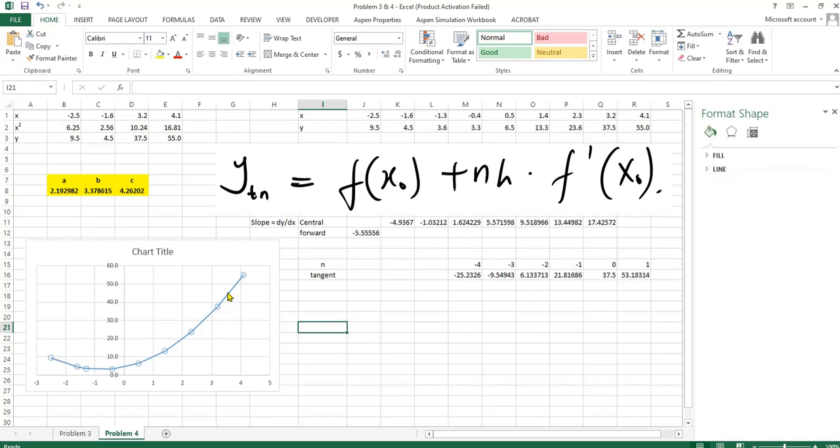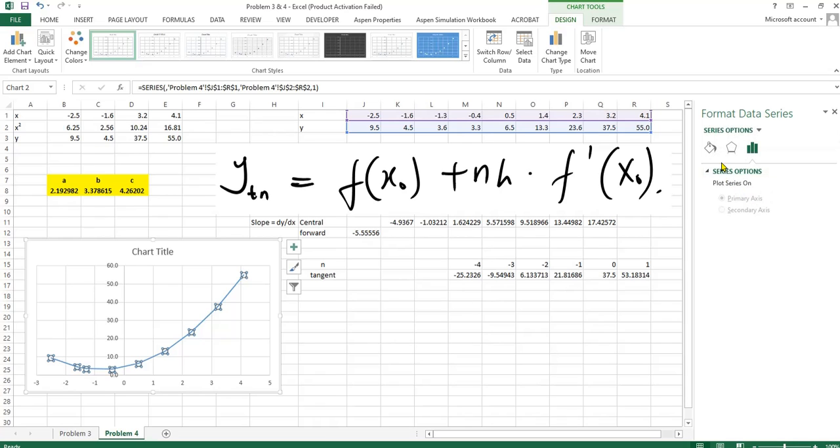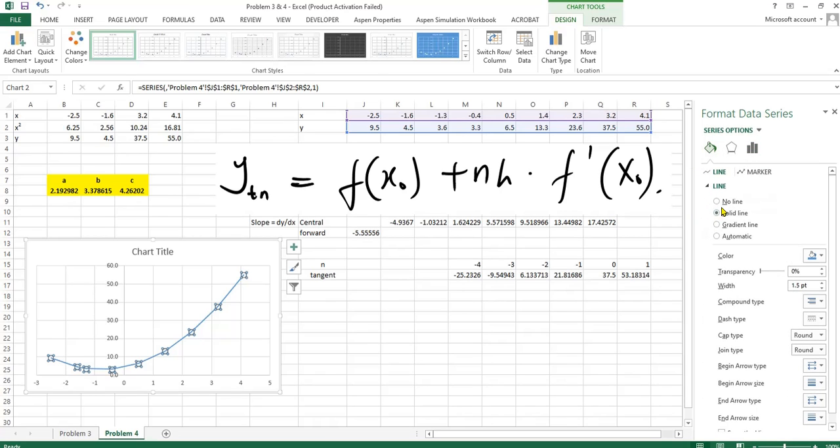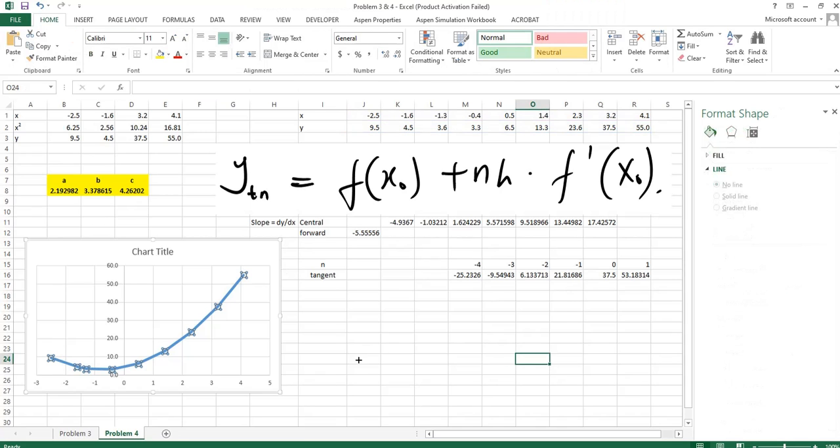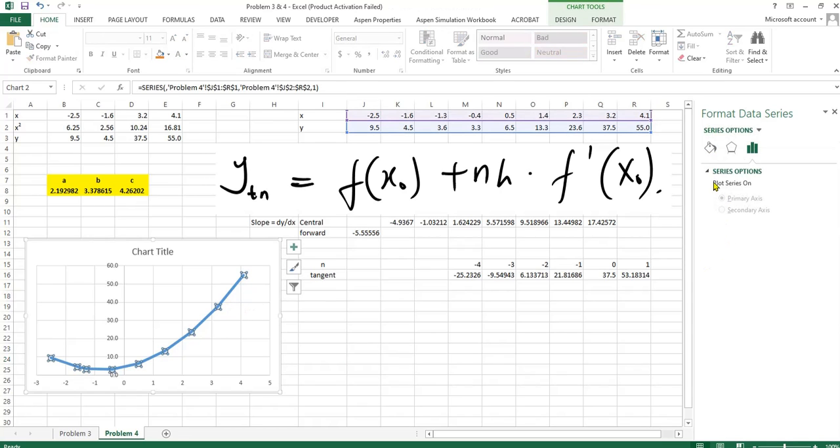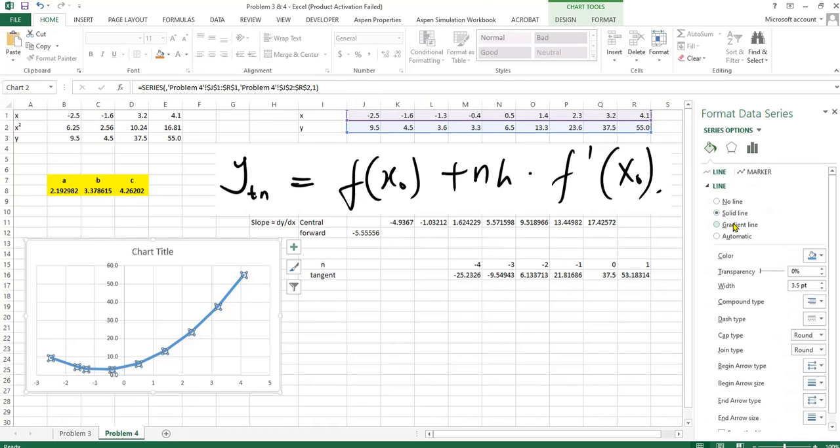Let me look at that line again. Let me just increase the thickness of that line a little. Now, okay, no. Don't need to increase it so much.